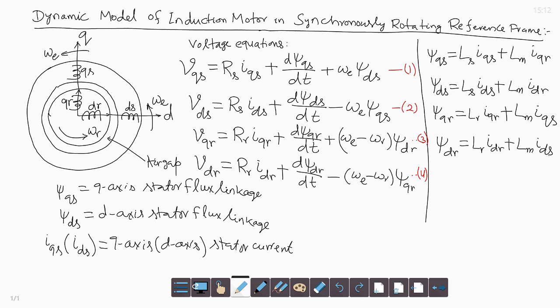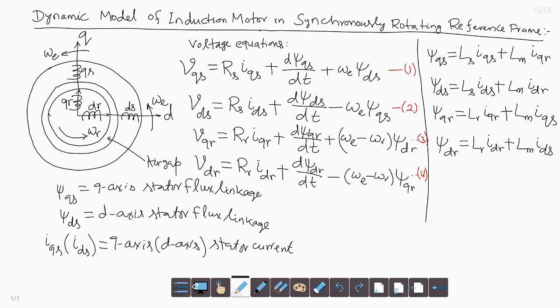So, there will be mutual flux between the stator and rotor along the same axis. There is no mutual flux between D and Q axis, because the D and Q axes are at 90 degrees.